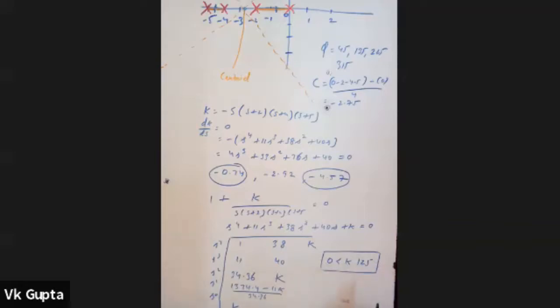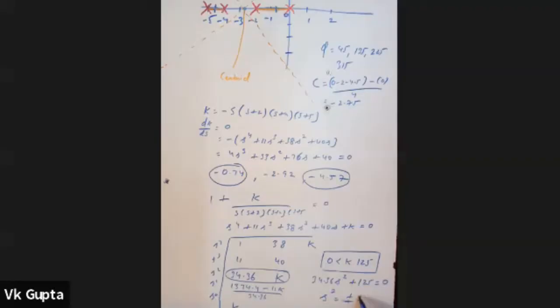Now to find the intersection, we take K equal to 125 and put it in the auxiliary equation. So 34.36 s square plus 125 is equal to 0. So what is s? Plus or minus 1.90j.